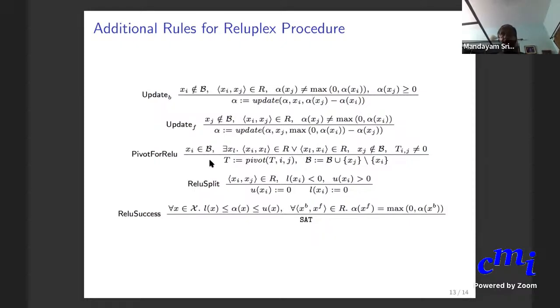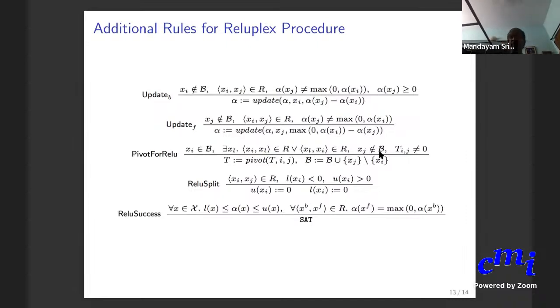So if xi is basic and happens to be an input ReLU node, then as long as there is some output corresponding to it, you can pivot it with any non-basic variable xj.